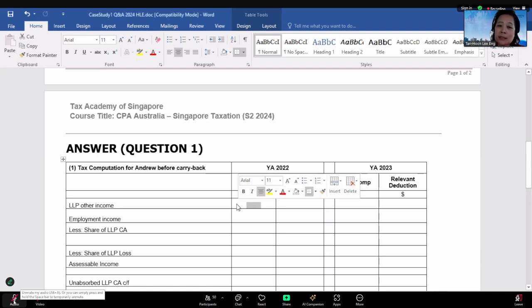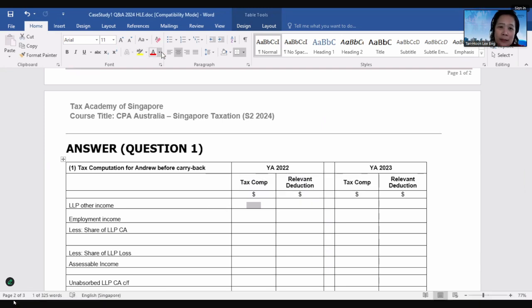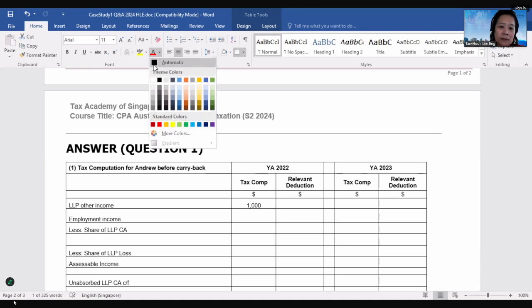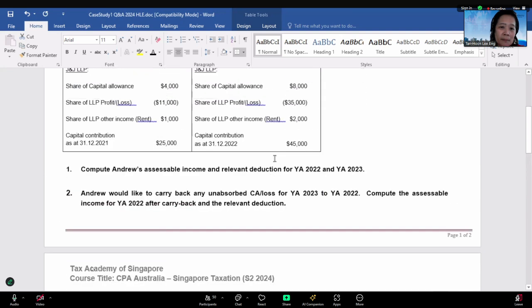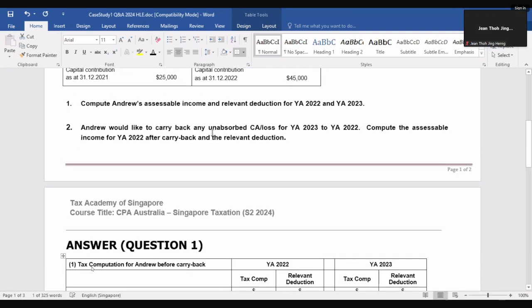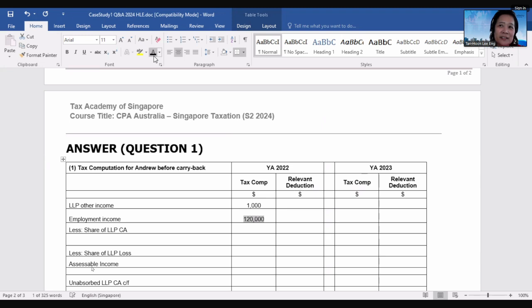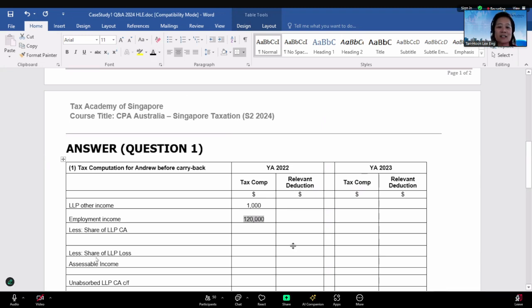The whole question is, can we allow the CA and the loss to offset other income? So we put the other income first, 1,000. Then employment income, 120,000. Yes, correct. Very good.